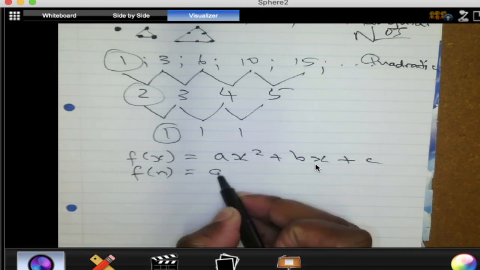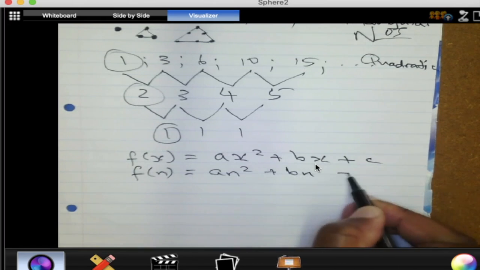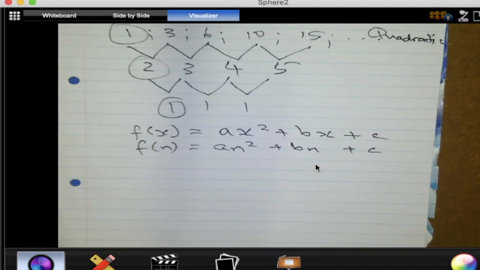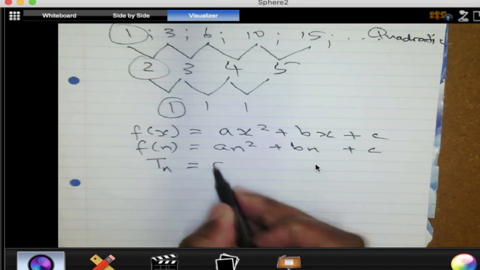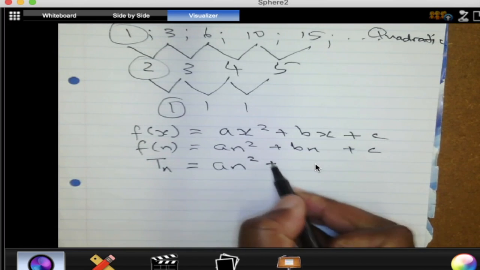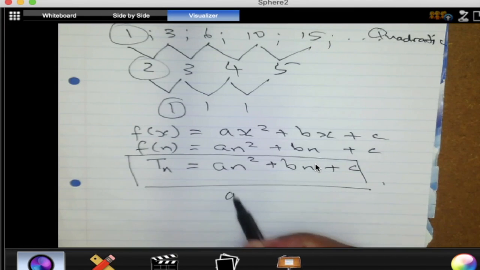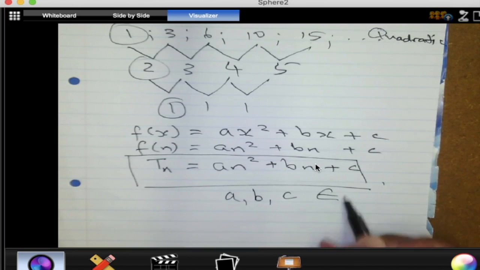And we will write it as a n squared plus bn plus c. We usually just refer to it as Tn instead of f of n. So Tn should be equal to an squared plus bn plus c. Obviously, a, b, and c are just real numbers. These are elements of the real numbers.